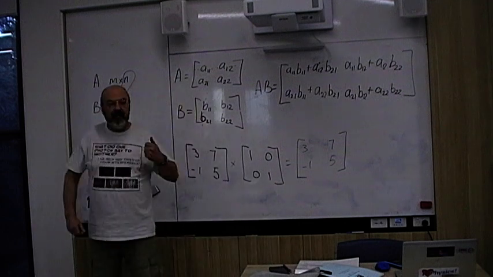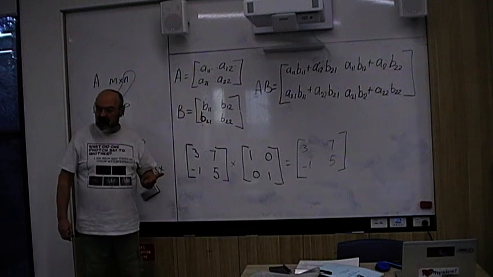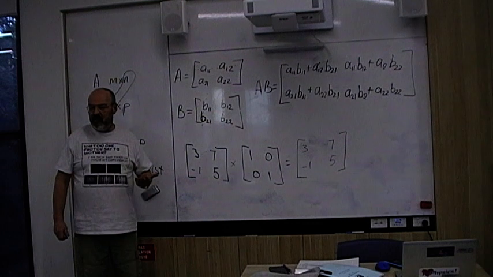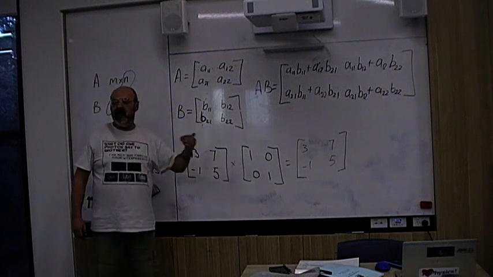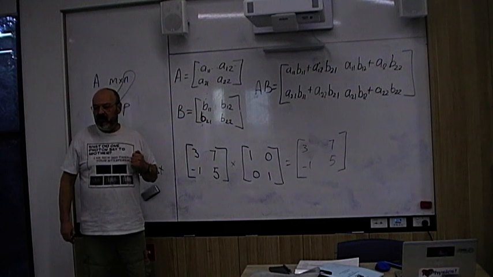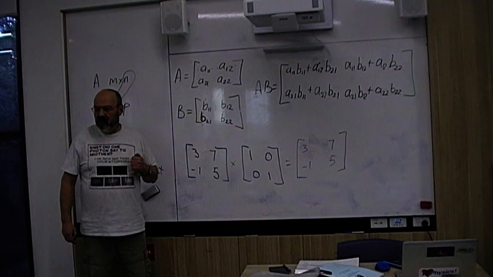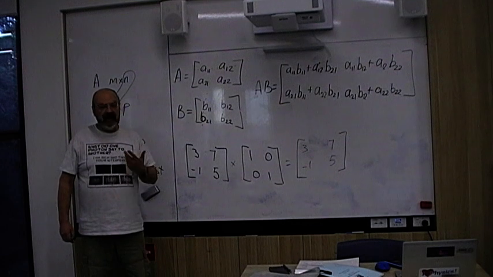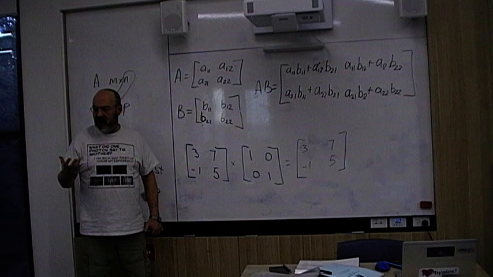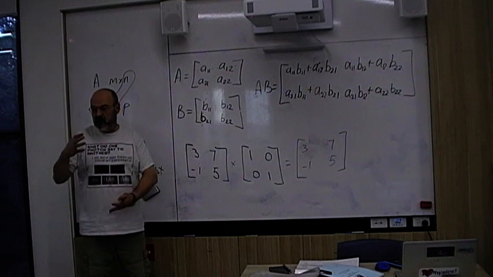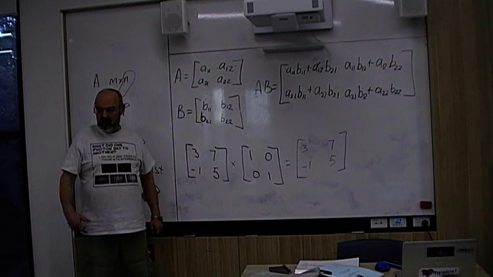When you multiply by the identity matrix, you will get the same matrix, or if you swap them, we'll get the same result. We will see how it will be helpful with solving simultaneous equations later.